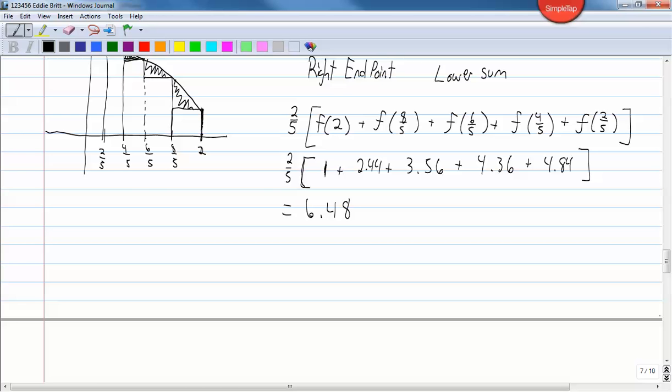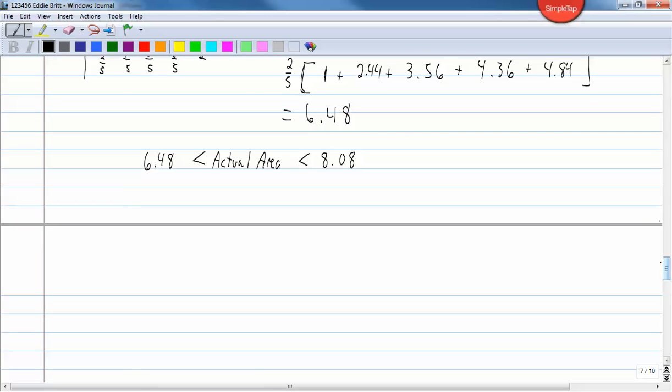So from what we have, we know that the actual area is somewhere between, we know that it's going to be greater than 6.48, and we know that it's going to be less than 8.08. As you increase the number of rectangles, the closer you get to the actual area.